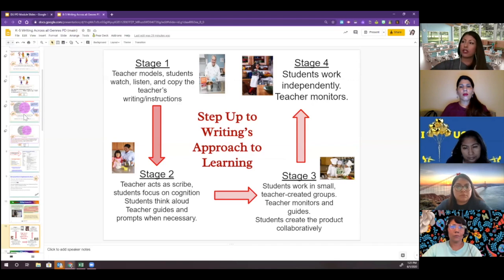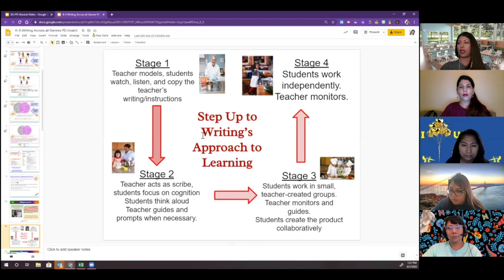When we go to stage 2, the teacher, you're going to be the scribe. So you're going to get responses from the students and ideas from the students, and then you're going to write what it would look like. You're going to prompt the students to think aloud about whatever the prompt is, and then be able to structure the writing for them so that they're actually watching you do it.